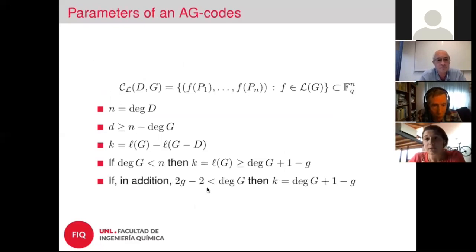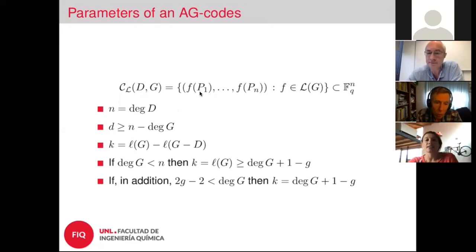It is known that the parameters of this algebraic geometry code are, well, n, the length, is just the number of places that we have in D. The minimum distance is bounded below by n minus the degree of G. This is because the minimum distance is exactly the minimum weight, the number of non-zero coordinates of a word.